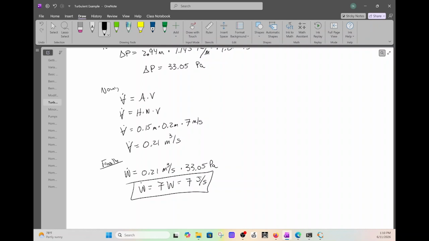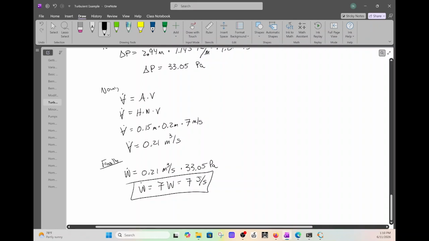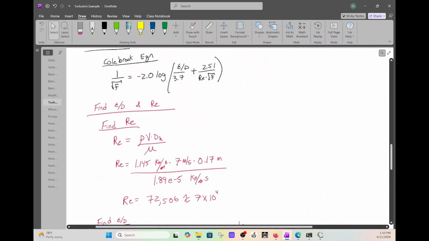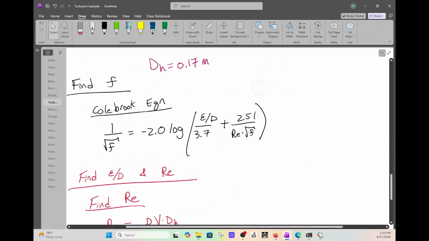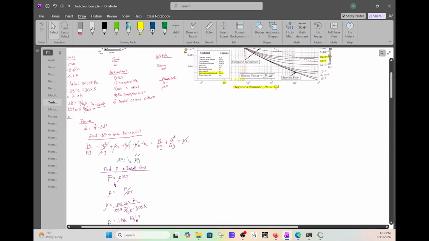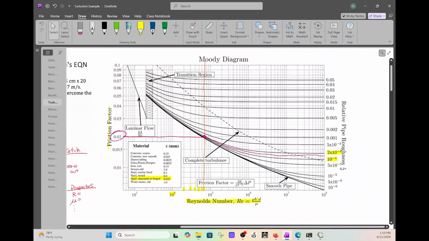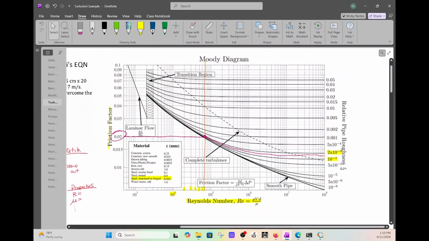So, turbulent flow is very identical to laminar flow in terms of equations, but your F equation is different. In this class, we're going to use what we call the Colebrook equation, or you can use the Moody chart to find your F value.